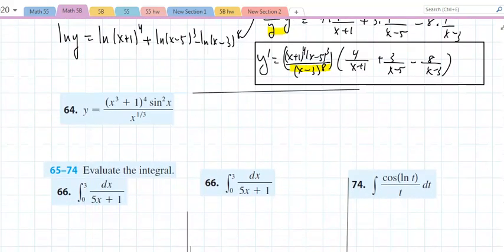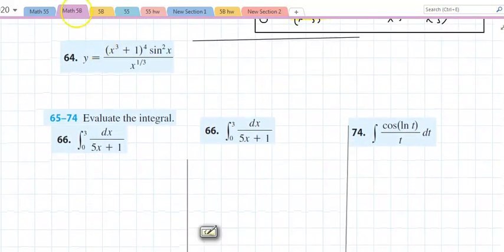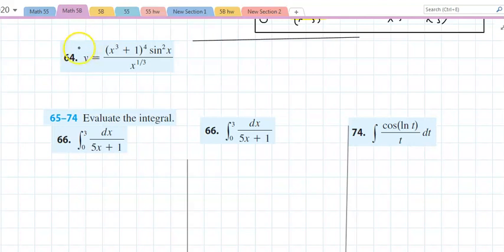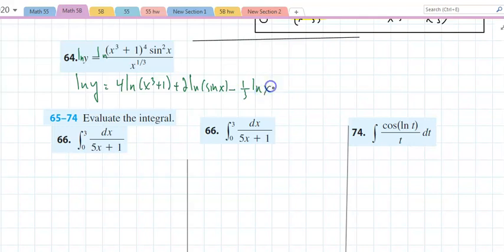Now, I could jump straight to saying, I'm going to take natural log of both sides, and this is going to be natural log of y equals 4 times natural log of (x cubed plus 1) plus twice natural log of the sine of x minus 1/3 natural log of x. So I could do that from the beginning.